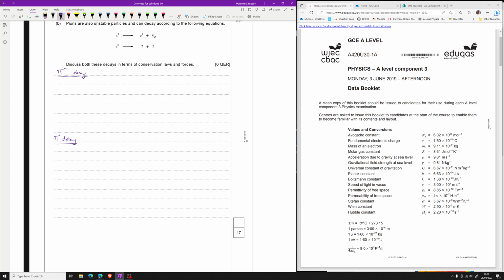In terms of conservation laws and forces, what can we say about this pi plus? It is a meson, so baryon number 0, lepton number 0. It has charge +1.